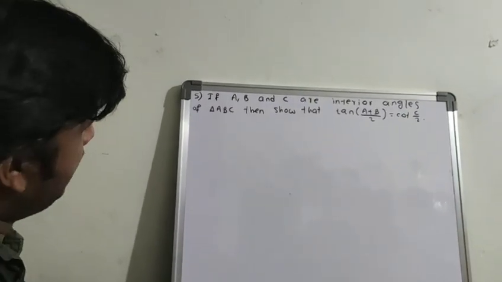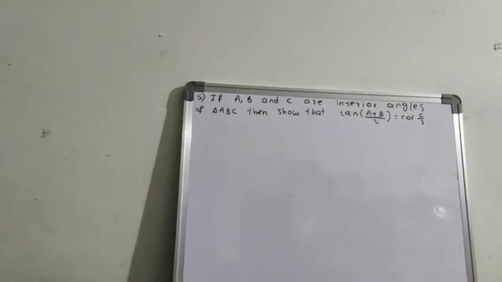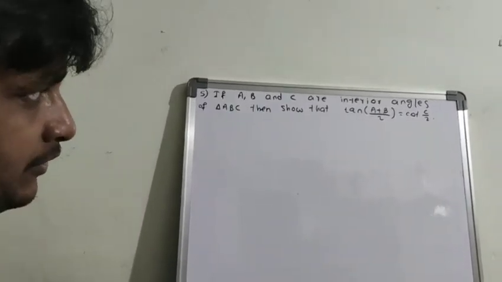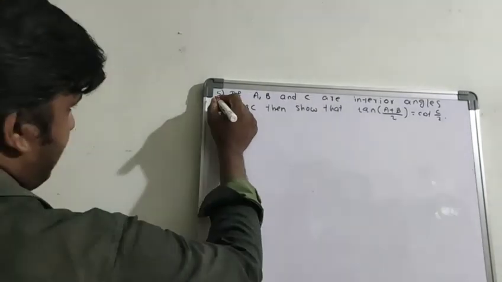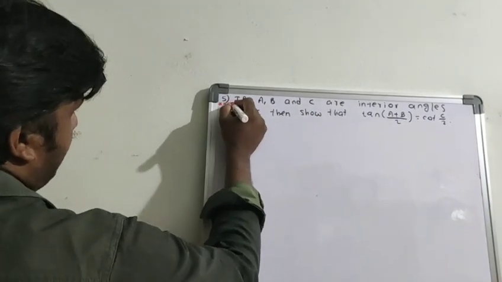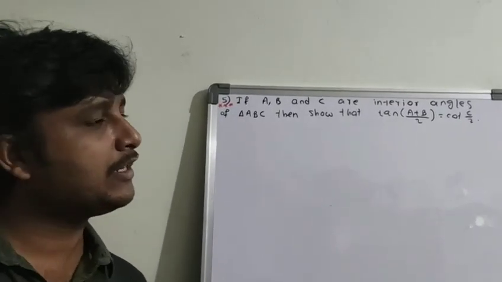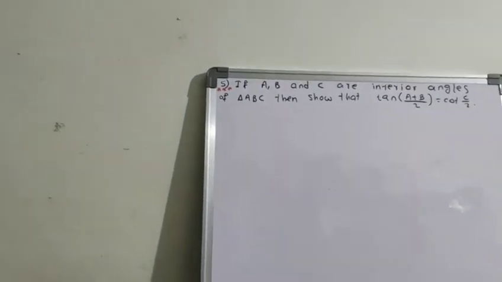This is the question: if A, B and C are interior angles of triangle ABC, then show that tan (A plus B) by 2 equals cot C by 2. This is a very important question for 2 marks. Many times this model question is given as a 1 or 2 marks question in public examinations.